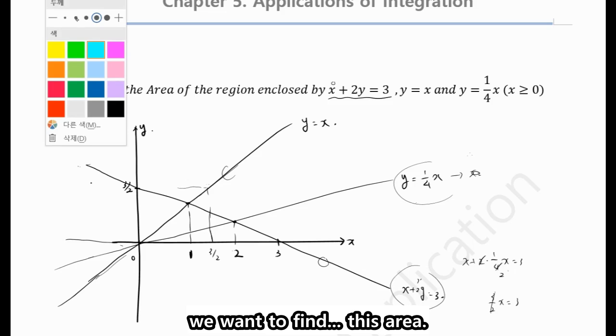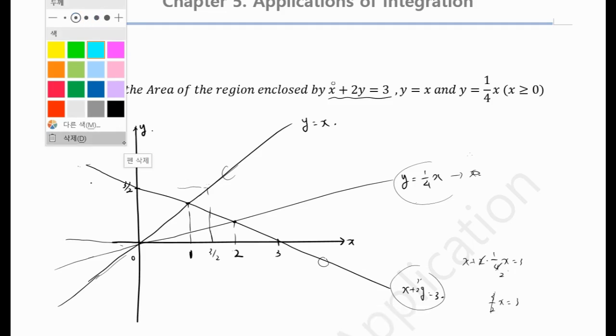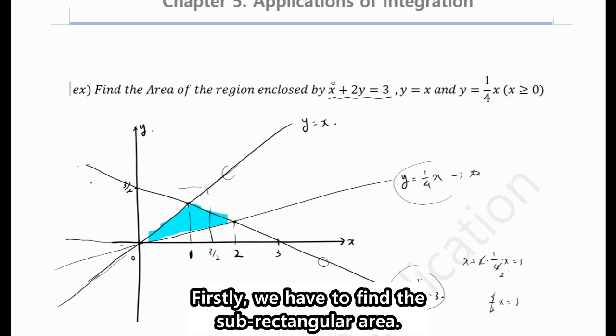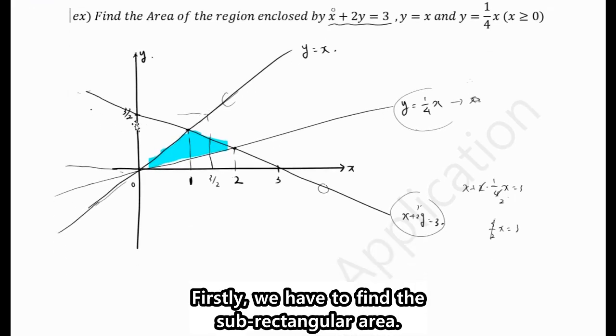So we want to find this area and this area. Firstly we have to find the subrectangular area.